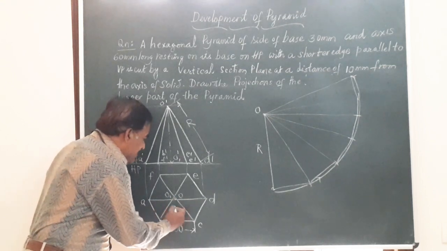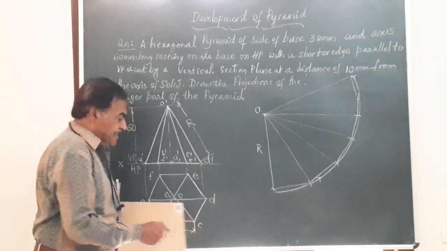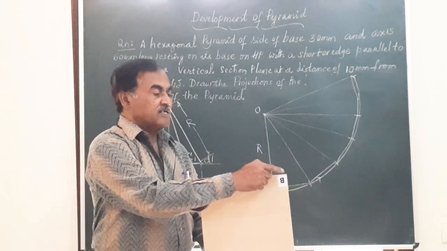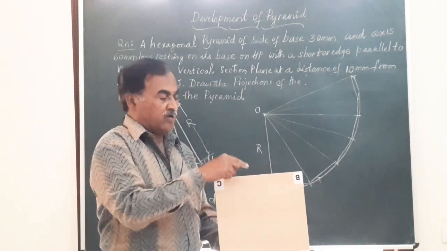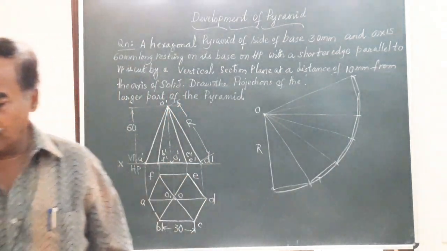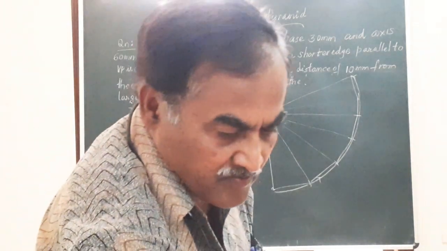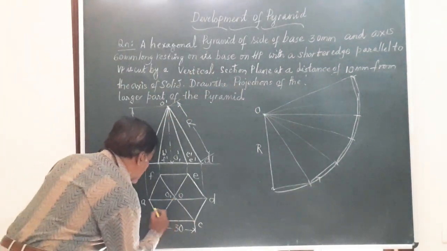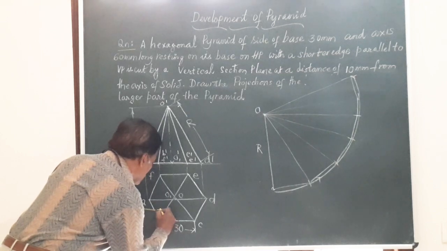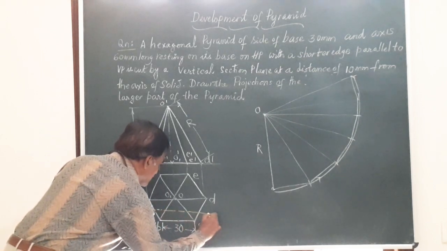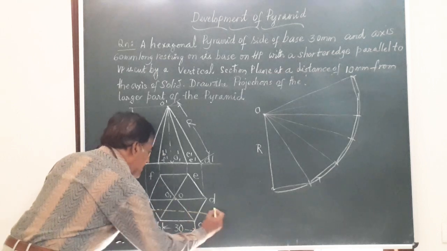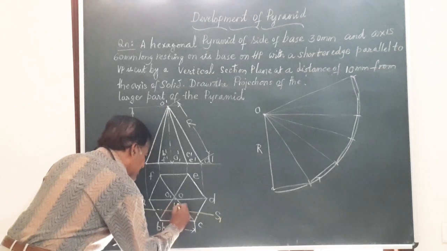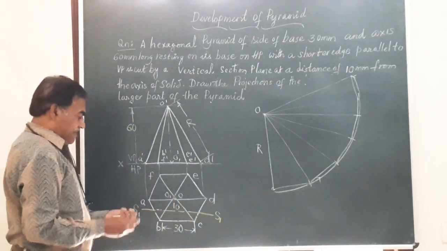From there I should take a distance of 10 mm and mark a line, because the vertical section plane appears as a line at a distance of 10 millimeter from the axis. Friends, this is going to be the section plane S1, and this is at a distance of 10 millimeter from the axis. This gap is 10 mm.